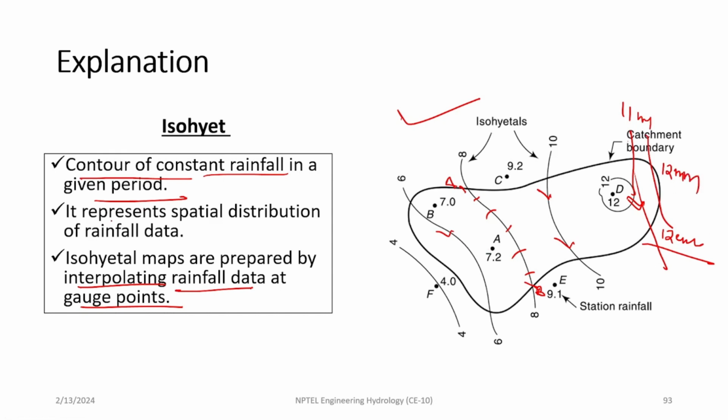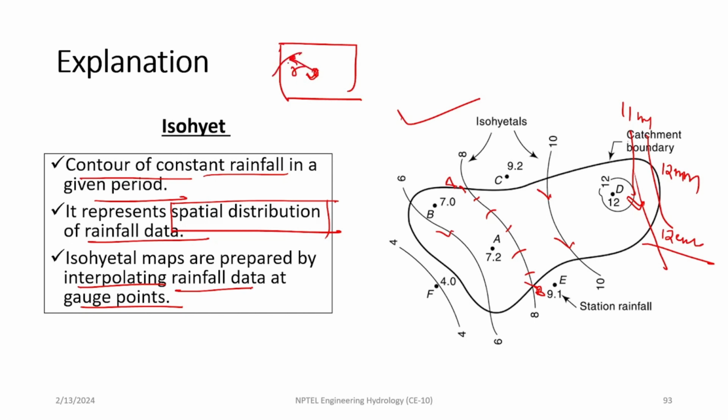Okay. So the important aspect of this, I can say the use of this, is that we are getting the spatial distribution of rainfall data. Initially we have some region where we have located the rain gauge, and now we want to know the effect of this particular rainfall at a distance r.